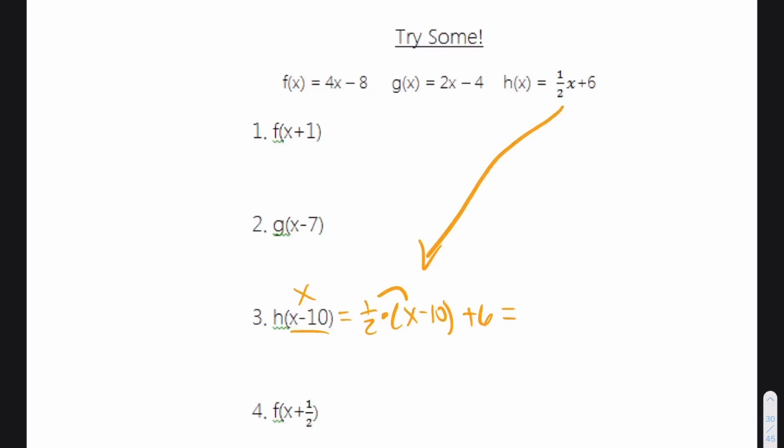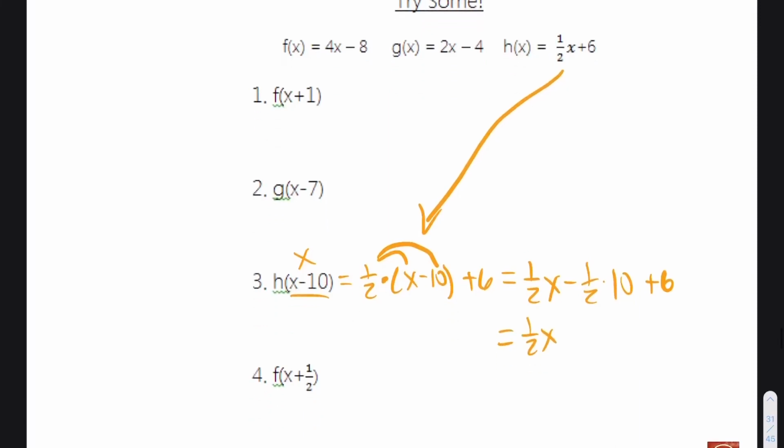This 1/2 is multiplying x, and the 1/2 is multiplying negative 10. 1/2 times negative 10 plus 6. 1/2 of x stays like that because it's a variable. 1/2 of negative 10 is negative 5 plus 6 leaves 1/2 of x plus 1 is h of x minus 10.